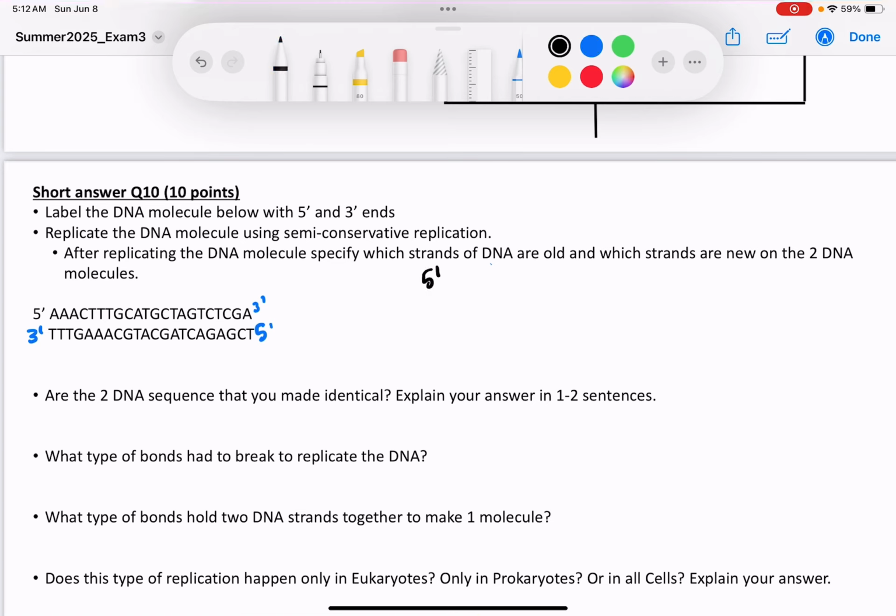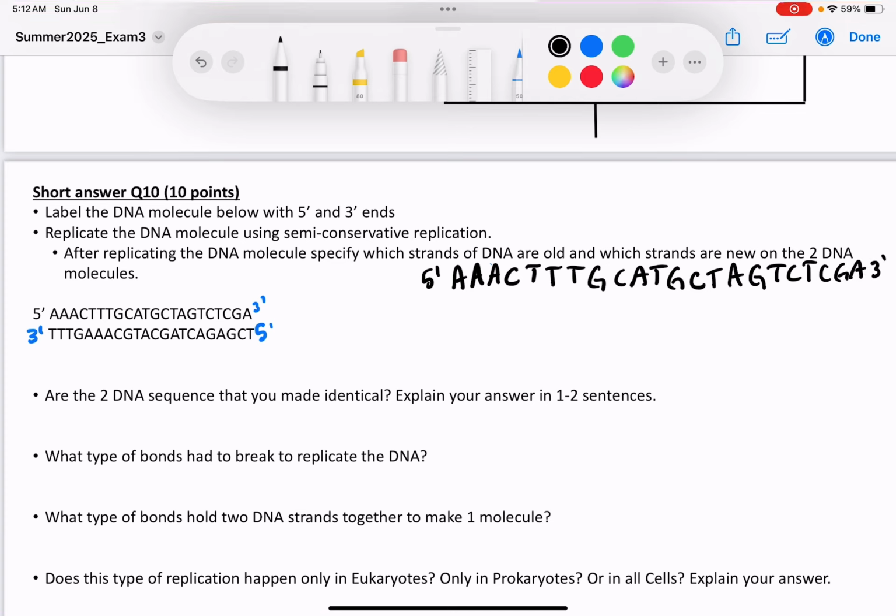Okay, so 5', A, C, T, T, G, C, A, T, G, C, T, A, G, T, C, T, C, G, A 3'.